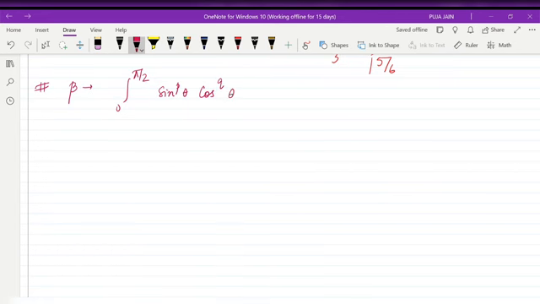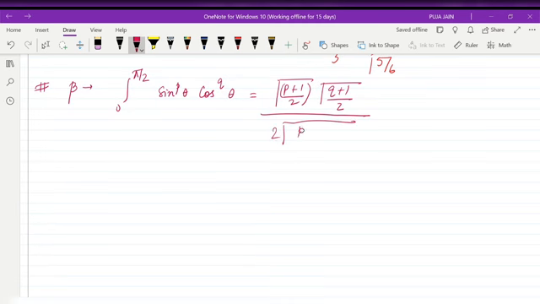Just remember this result: the integral from 0 to pi by 2 of sin^p theta cos^q theta is gamma function of (p plus 1) by 2, gamma function of (q plus 1) by 2, over 2 times gamma of (p plus q plus 2) by 2. So we will do one sum regarding this, so we get to know how to use this formula.